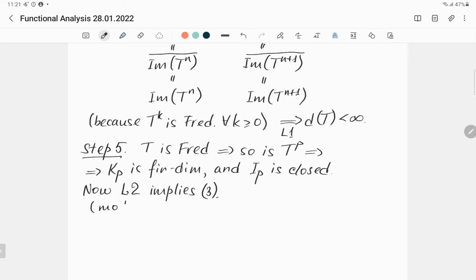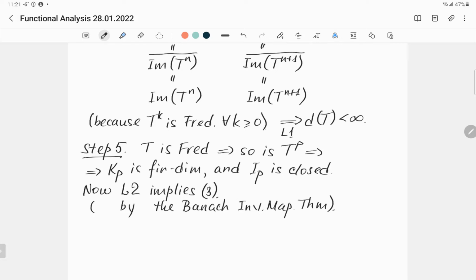This follows by the Banach inverse mapping theorem. Just combine Lemma 2 and the Banach inverse mapping theorem.